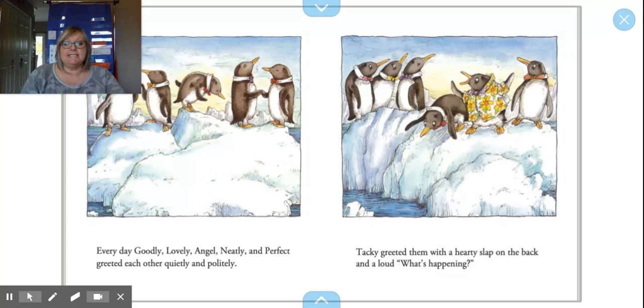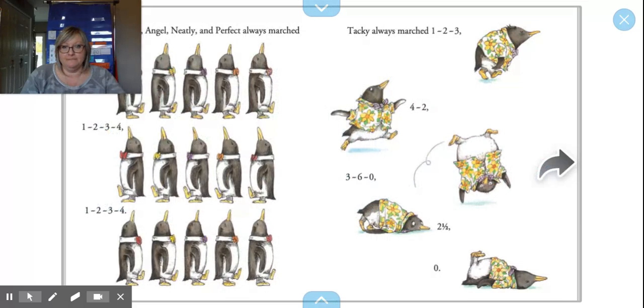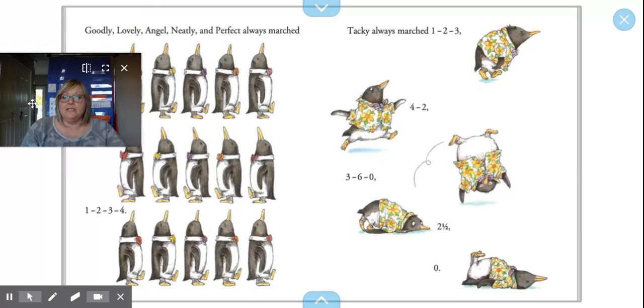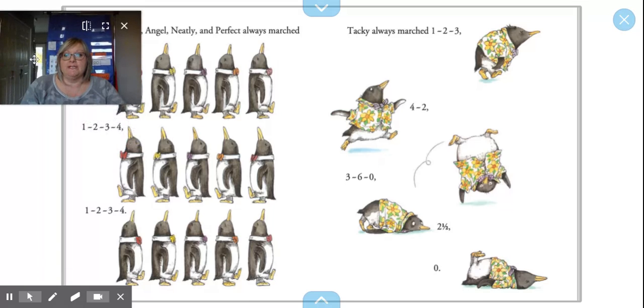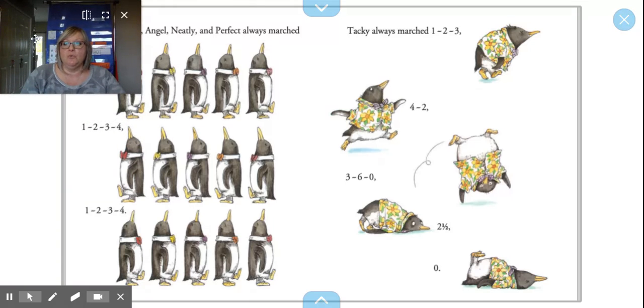Tacky greeted them with a hearty slap on the back and a loud, "What's happening?" Goodly, Lovely, Angel, Neatly, and Perfect always marched 1, 2, 3, 4, 1, 2, 3, 4. Tacky always marched 1, 2, 3, 4, 2, 3, 6, 0, 2.5, 0.